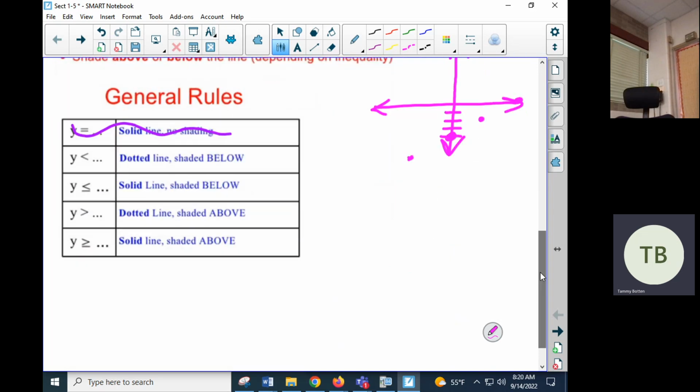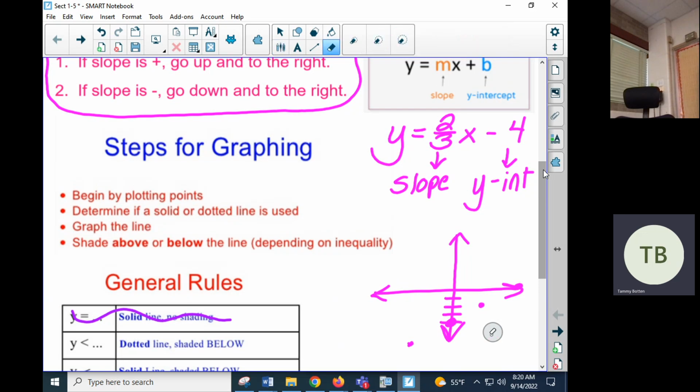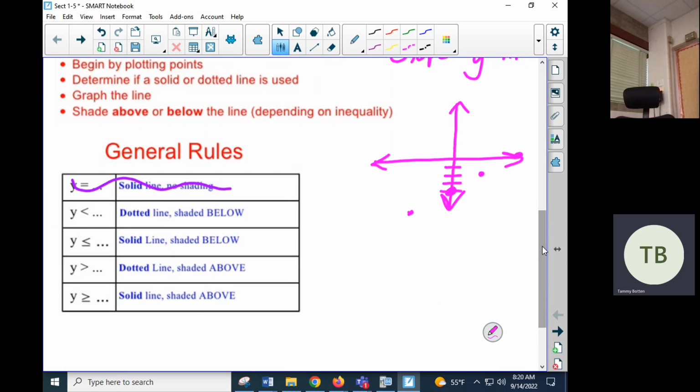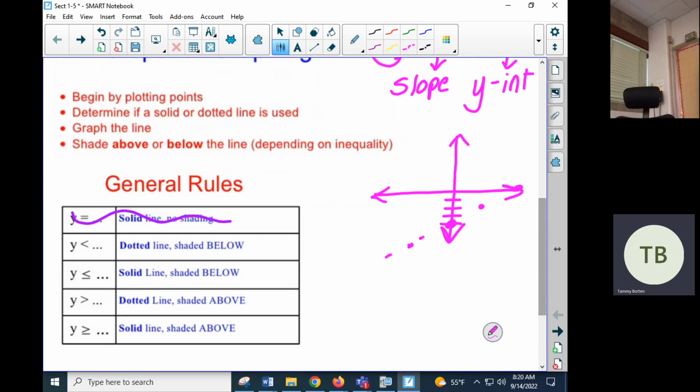And then how you shade, there's 2 ways you can do it. Some teachers, let's say that this was just a greater than sign. Okay. If it's just greater than, this would have to be a dashed line, first of all.